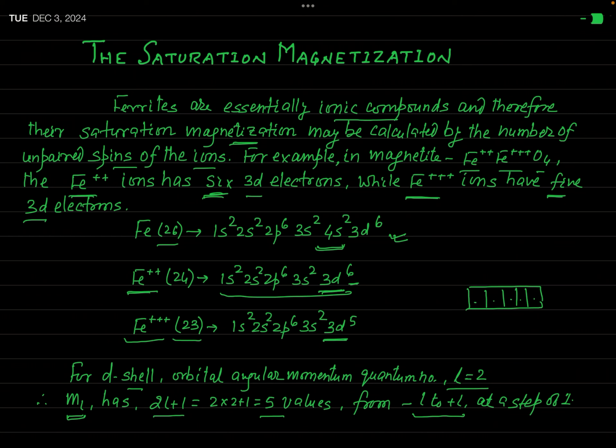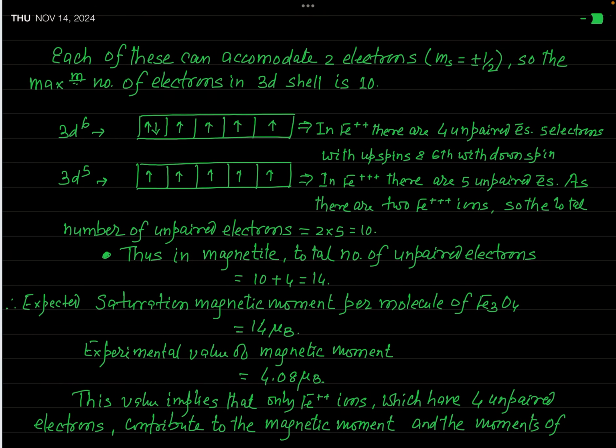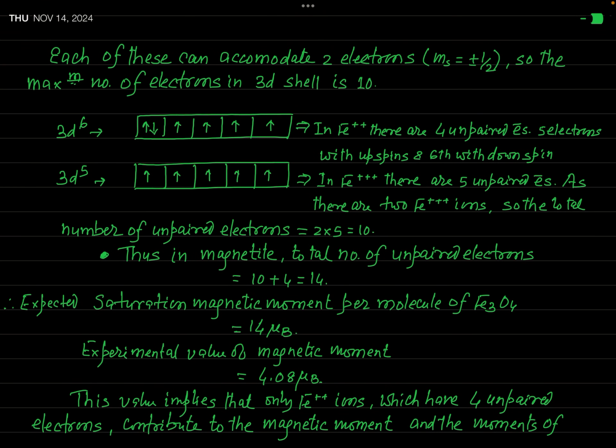For each value of mₗ there will be 2 electrons for the 2 spin states, because mₛ is plus or minus half. Each box can accommodate 2 electrons, for mₛ equal to plus half and mₛ equal to minus half.